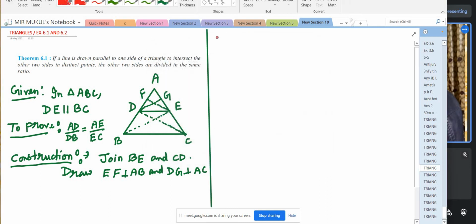Here, area of triangle ADE divided by area of triangle BDE.